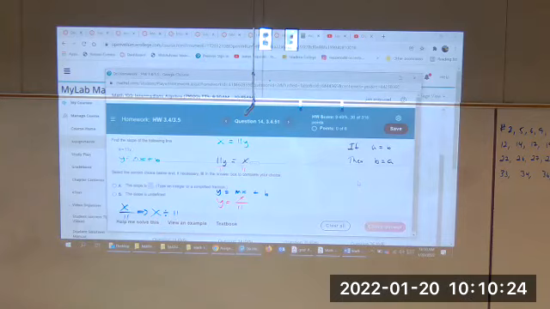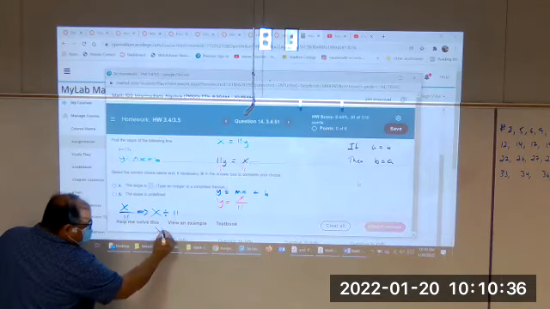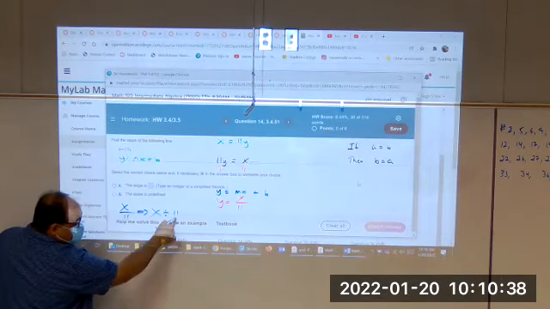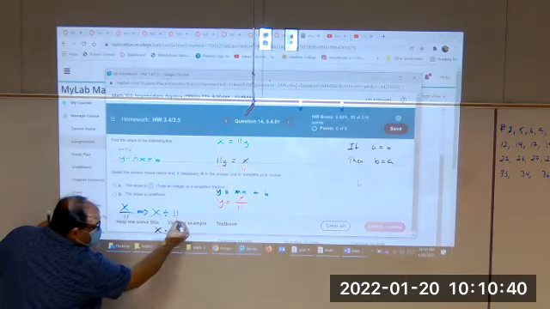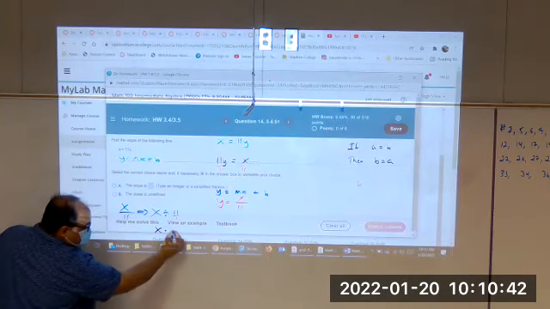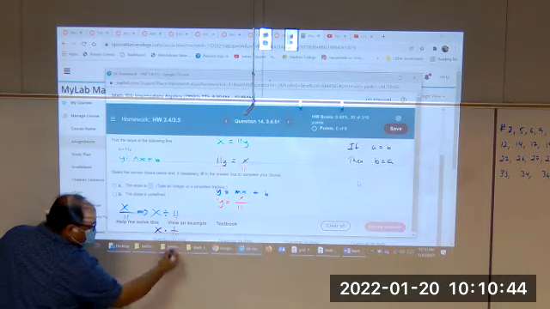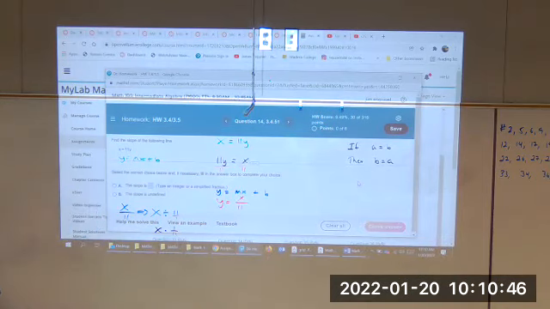Now, division does not exist. There is no such thing as division. Division means multiplied by the reciprocal. So this is x times the reciprocal. 11 is 11 over 1, so the reciprocal would be 1 over 11.